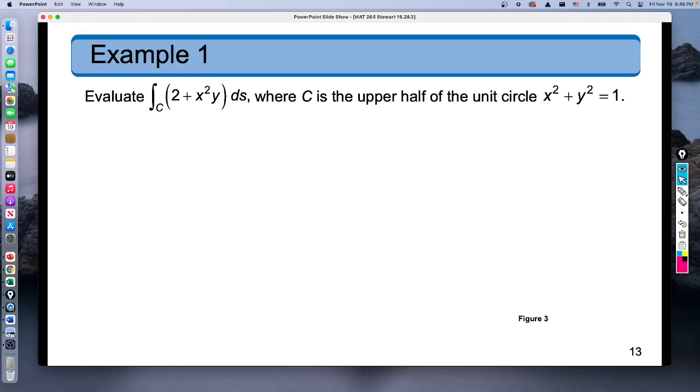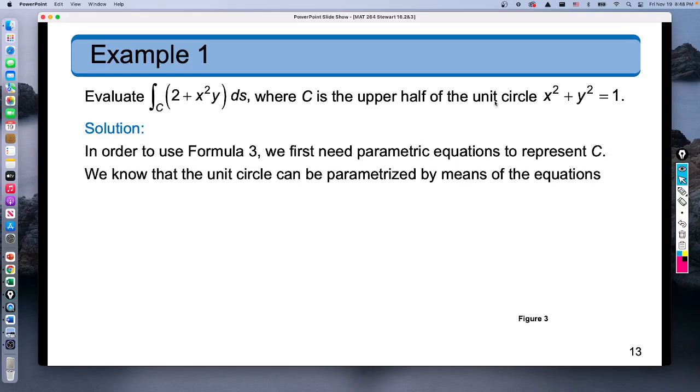So now let's actually go ahead and do these. Let's evaluate the integral of 2x squared y ds, where C is the upper half of the unit circle. When we think of this, we first want to parameterize things. We're talking about a unit circle here, x squared plus y squared, which gets us thinking of polar coordinates.